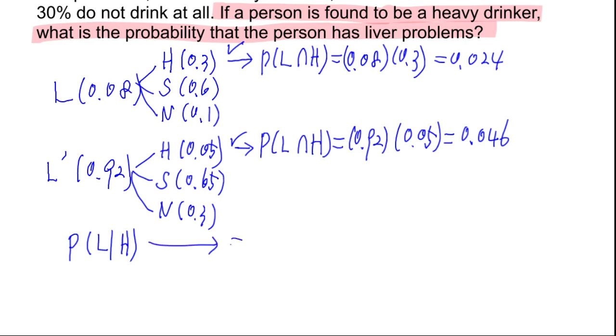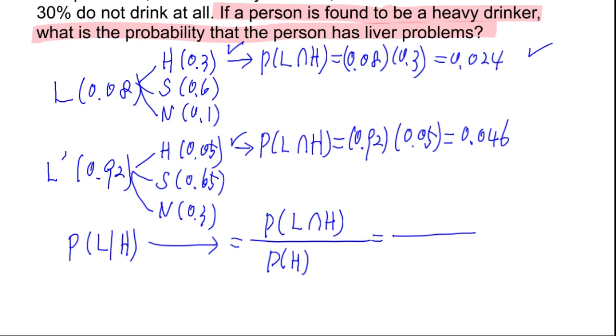So this will be probability of liver and heavy drinker divided by probability of heavy drinker. Okay? So probability of liver and heavy drinker is here, so 0.024.